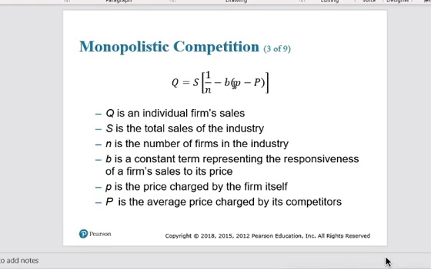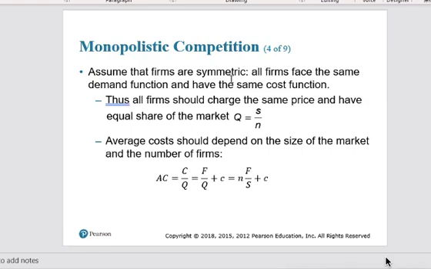If you charge more, this is how much responsiveness you will receive from the price differentials. All right. And then you have the average cost function, and this is how you show the average cost of running your firm. And Q is S over N. It's when you charge the same price as the other firms charge.